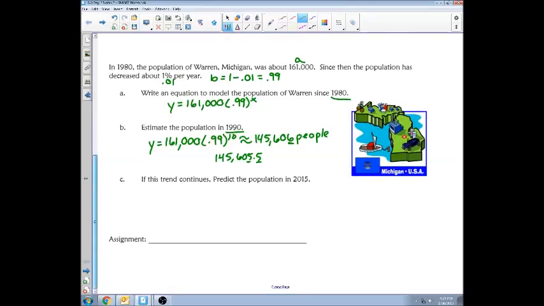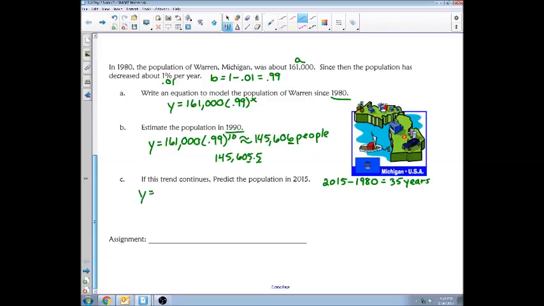If this trend continues, predict the population in 2015. Well, we need to know how long it's been from 1980 to 2015. So I'll take 2015 minus 1980, which would give us 35 years. So we're going to raise to the power of 35 in this situation.